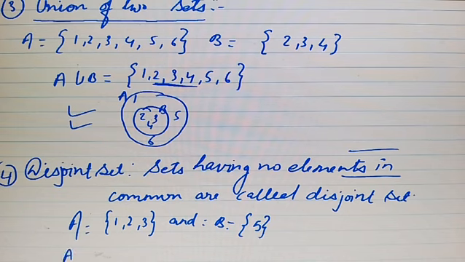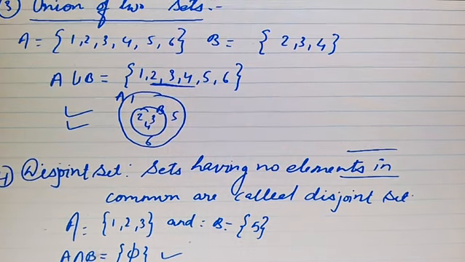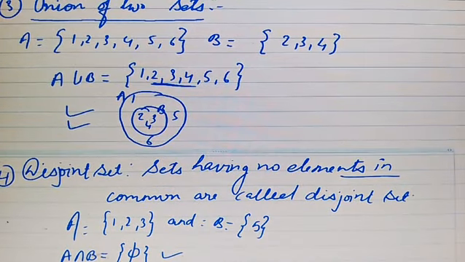If I'm finding here A intersection B, it is none. That means empty set. So such sets are called disjoint sets. We have nothing in common. Okay.